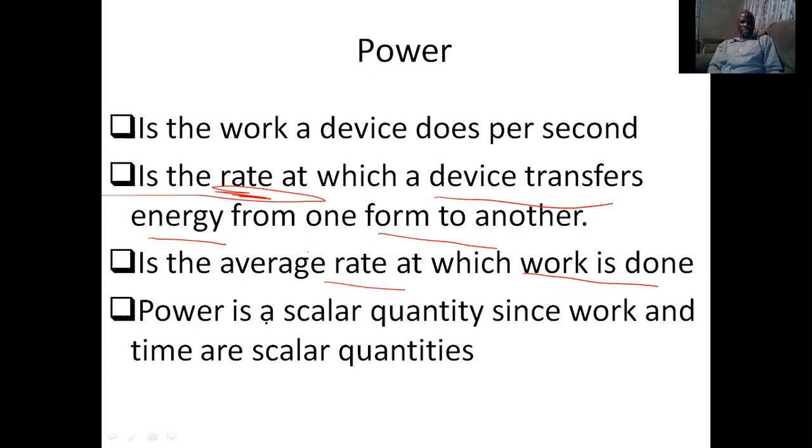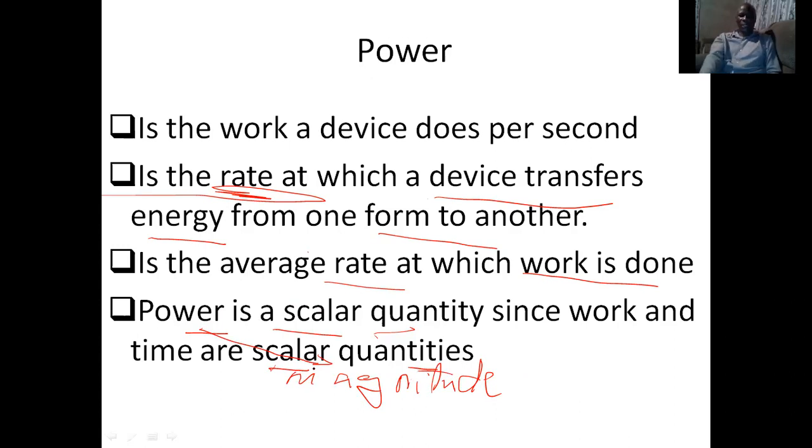We said that power is a scalar quantity because it has only magnitude. So power has only magnitude, and that's why it is a scalar quantity.